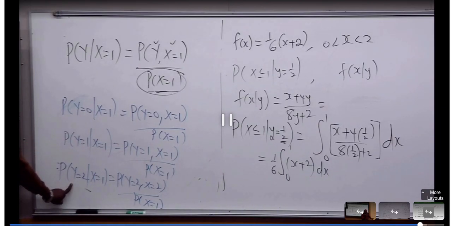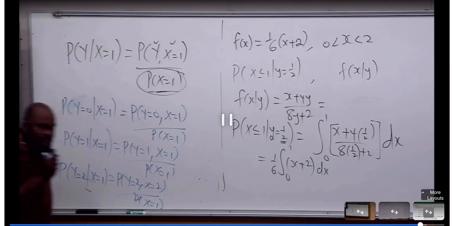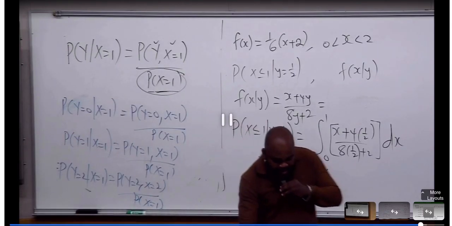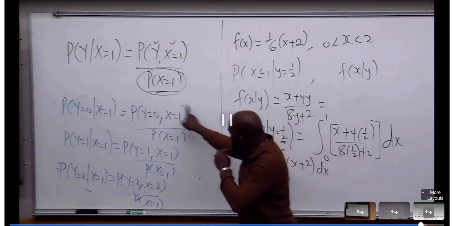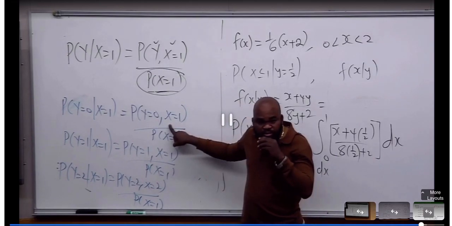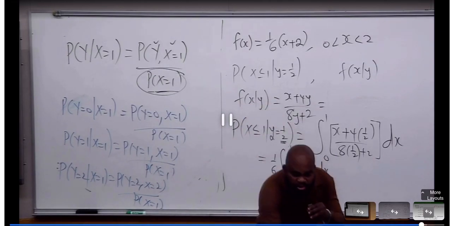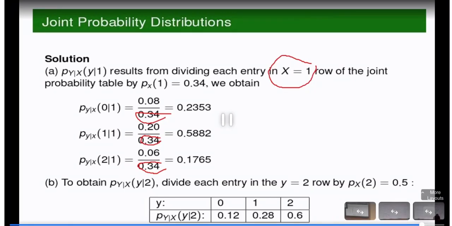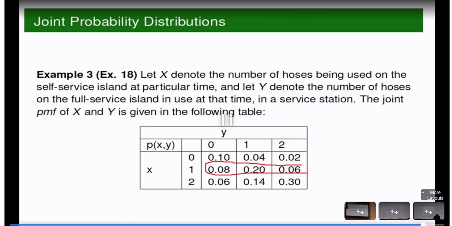You consider y over the range of y. Does that make sense? If you want to find this out, you just need to go to the table. How did they get the 0.08 right here? That is when y equals 0, x equals 1. Let's go to the table, which is this one here.